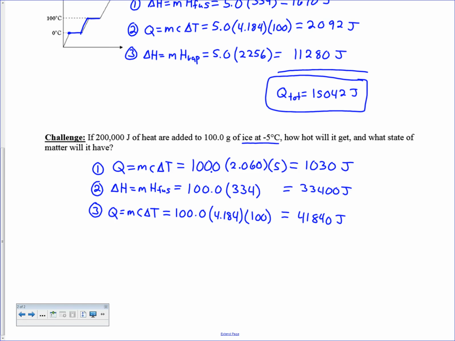So now what we've done here, just as a recap, we've taken ice at -5, we heated it up to 0, then we melted it, then we took that liquid water and we heated that up to 100 degrees Celsius, and we're going to keep going because we haven't run out of energy yet.